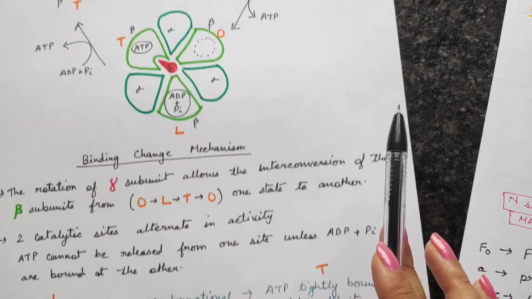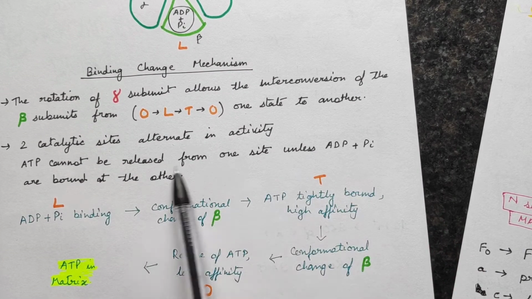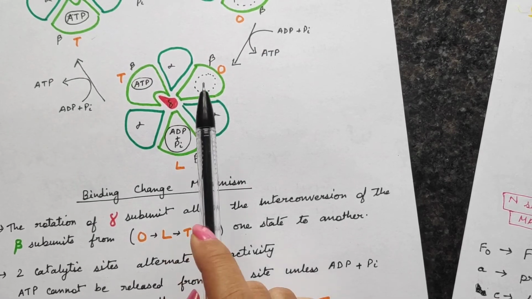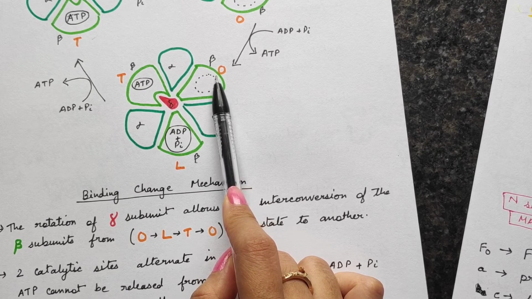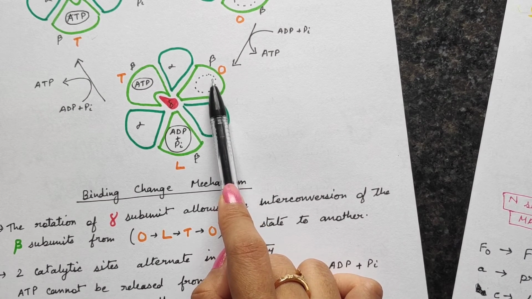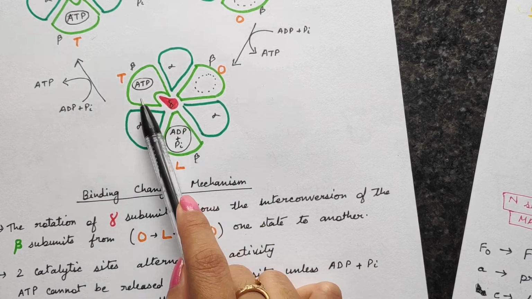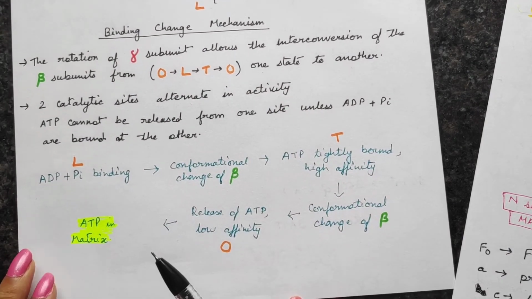ATP cannot be released from one site unless ADP and Pi are bound to the other. So until a new ADP and Pi attach to one open state and change it into the L state, no ATP will be released from the T site. So this occurs very much simultaneously.